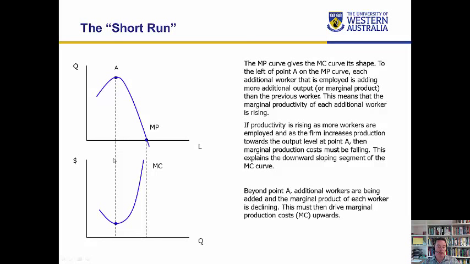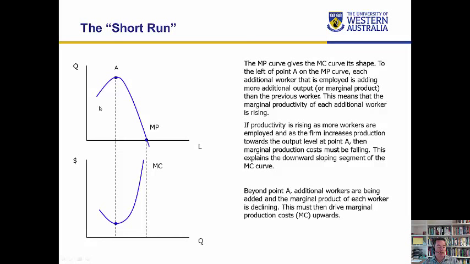To the left of the dotted line that's running down from point A, each worker is allowing team productivity to grow. Now, if team productivity, because of specialization, is growing, it must mean that that team is driving down the marginal cost of each unit of output.